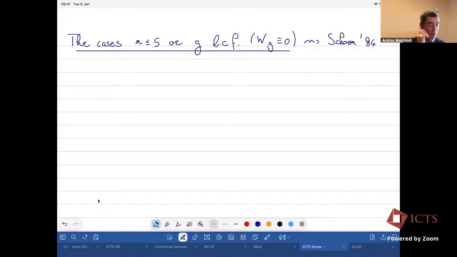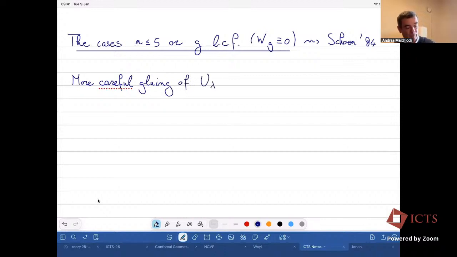And what he did was to use a more careful gluing of u_lambda to M. Okay, so previously we just used cutoffs, and here it's not just a cutoff, as we did before.